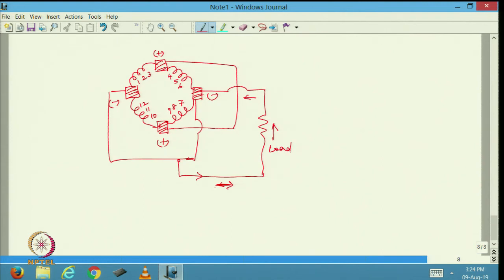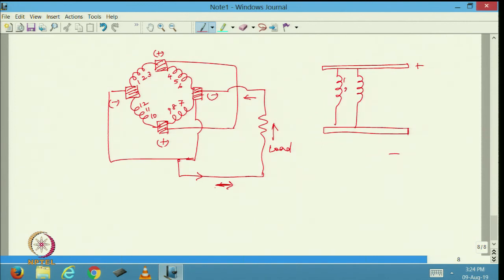Okay? Now, I can redraw this somewhat like this, that this is my positive bus and this is my negative bus, and I am going to have 3 coils connected here, 3 coils connected here.